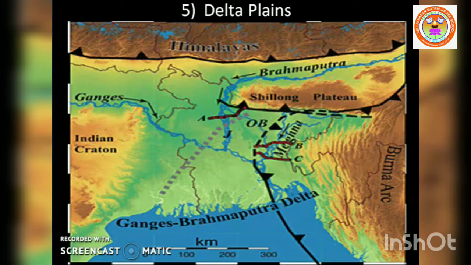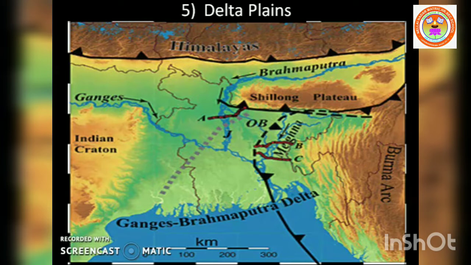In the delta region, the uplands are called chars, while the marshy areas are called bils. So these are the major divisions of the Great Plains: the Bhabar Plains, Tarai Tract, Bangar Plains, Khadar Plains and Deltaic Plains.